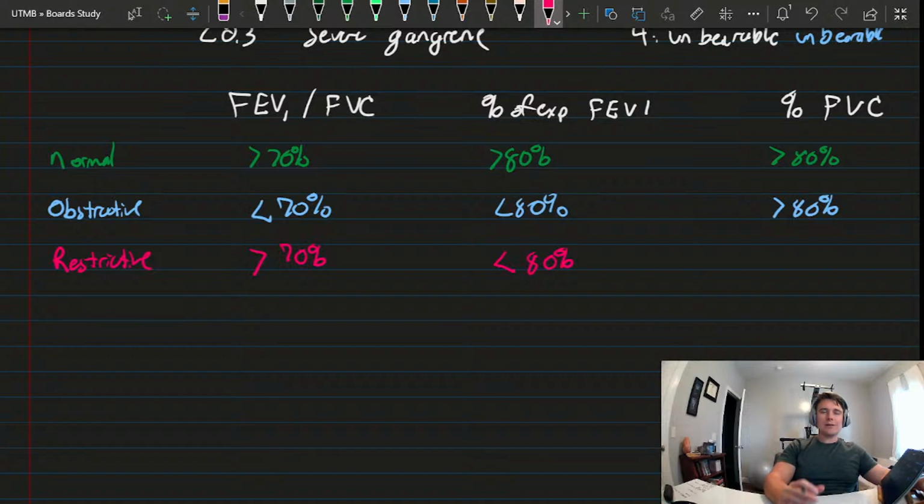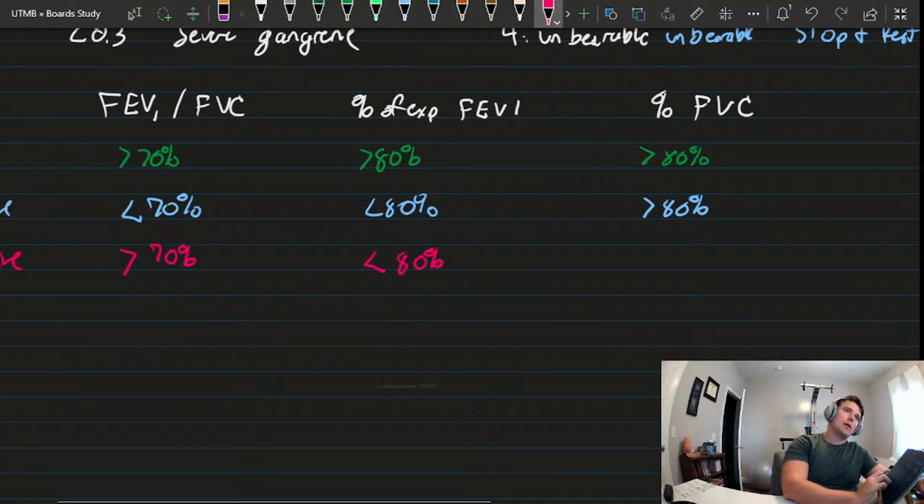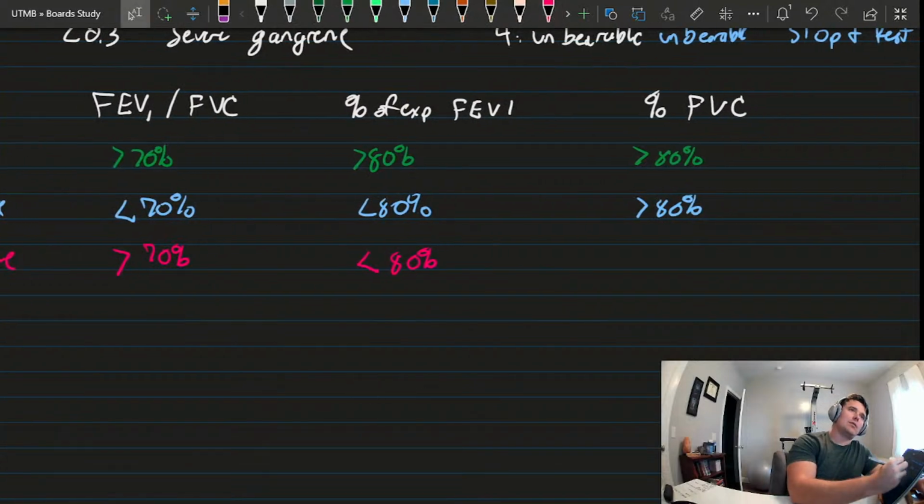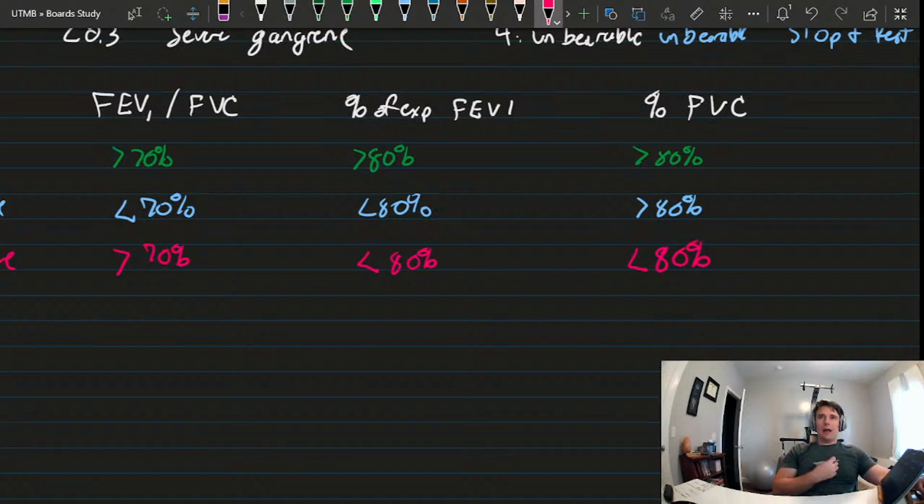So the raw data is going to be lower for the forced expiratory volume. You're not going to be able to push a lot of air out, but the amount of air that you push out is going to be higher than the air that you can pull in at one time. And then percent of forced vital capacity is again going to be decreased because you cannot get that air in.